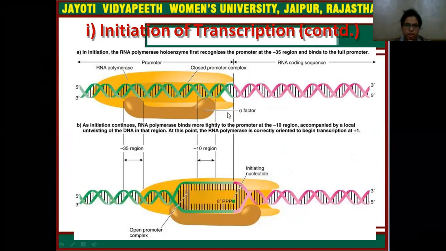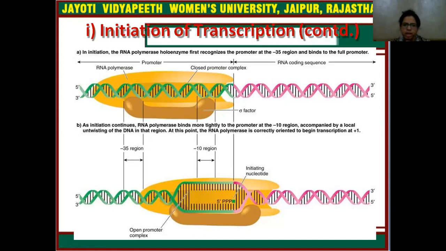In initiation, the RNA polymerase holoenzyme first recognizes the promoter region. This is the promoter region, and it binds at the minus 35 region, and initiation continues. RNA polymerase, this yellow structure, binds more tightly to the promoter region at the minus 10 region, accompanied by a local untwisting of the DNA in that region.